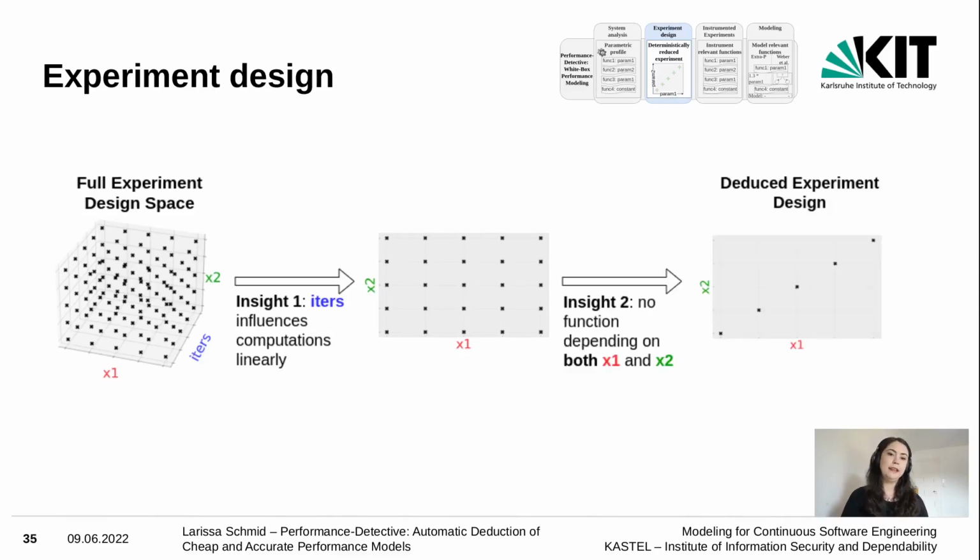Now, applying our second insight that there is no function that depends on both x1 and x2, we already know that there will be no interaction between x1 and x2. So we can also strike out measurement points aimed at finding interaction between them, leaving us with only 5 measurement points compared to 125 we would have started off with.